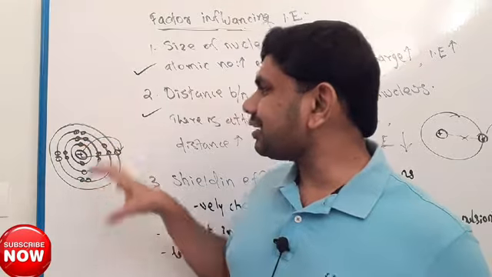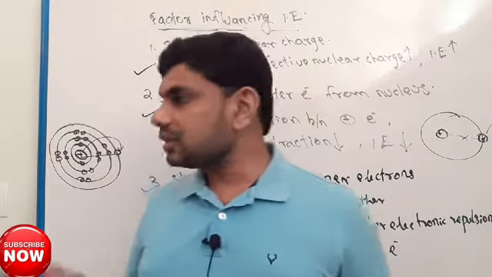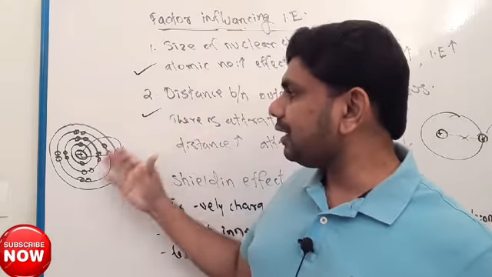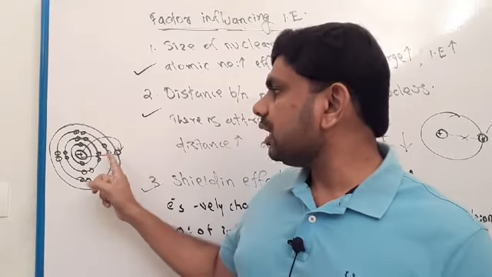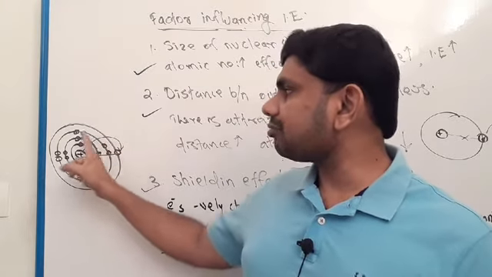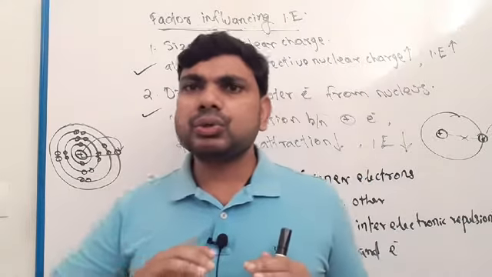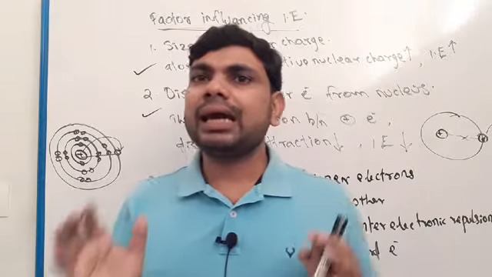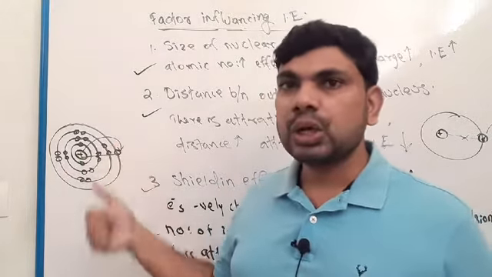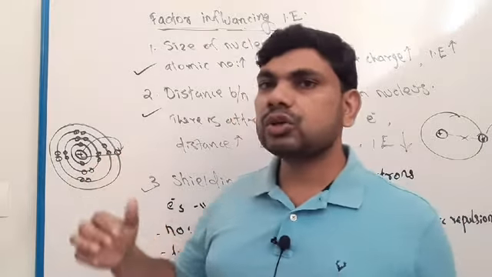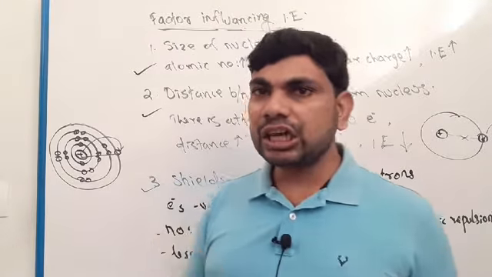If there is much more inter-electronic repulsion, the outer shell electron will be repelled, meaning it tries to stay away from the nucleus. So there will be less attraction between the nucleus and the outer shell electron, and we can remove this outer shell electron easily. So ionization enthalpy decreases.